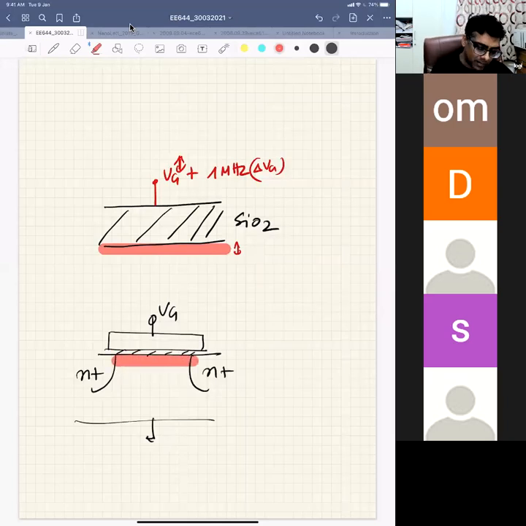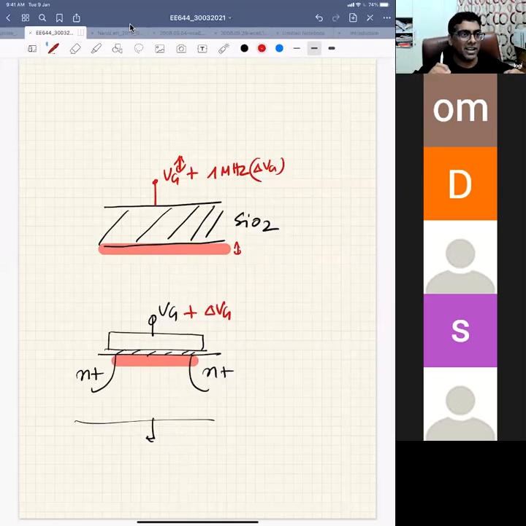Now if I give this perturbation of delta Vg, the electrons are not thermally generated. Please keep it in mind, in a MOS transistor the inversion layer electrons are not thermally generated. They are injected from source and drain area, because I have a lot of electrons sitting in source and drain. This is the N plus region.